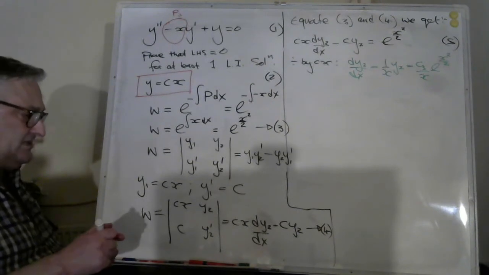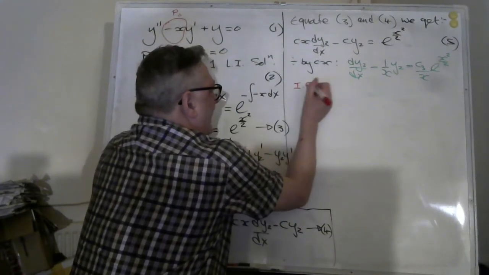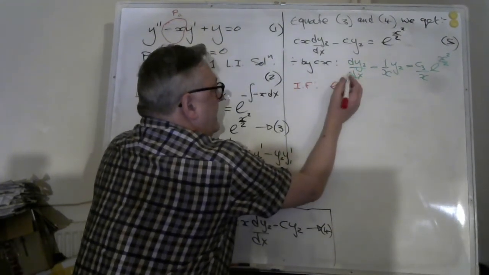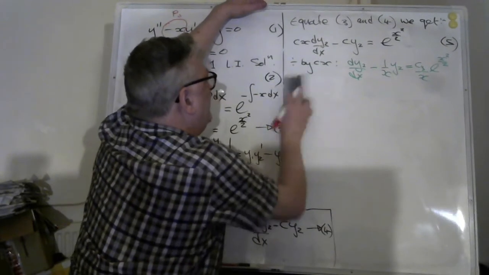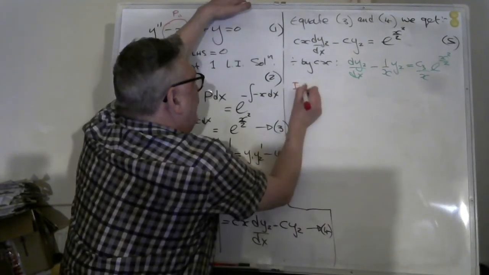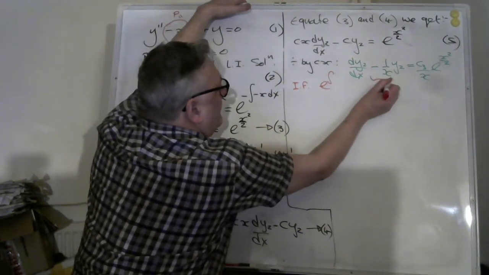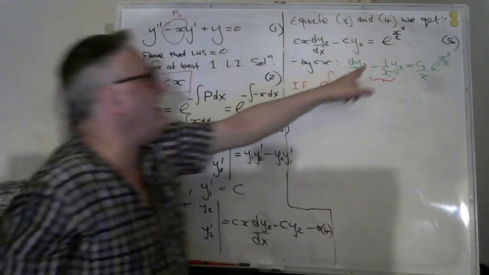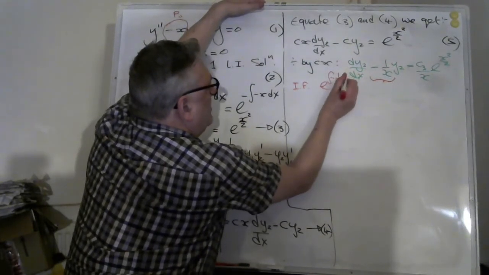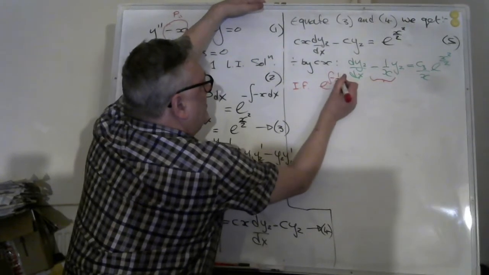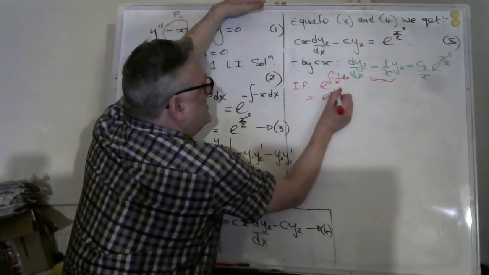So the integrating factor, and I'll write this in red, is found by calculating e to the integral of this little bit here, minus 1 over x dx, which is equal to e to the minus log x.